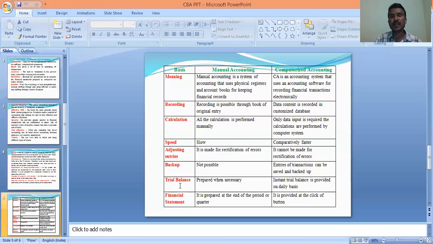The profit and loss account indicates how much expenditure we incurred during the particular period and how much income was generated, and the difference between income and expenses. If there is any gap, that gap may be positive or negative. Positive means profit, negative means loss. So this statement clearly shows that.